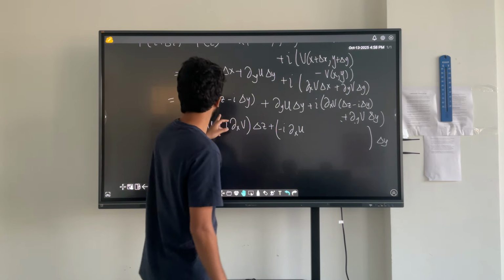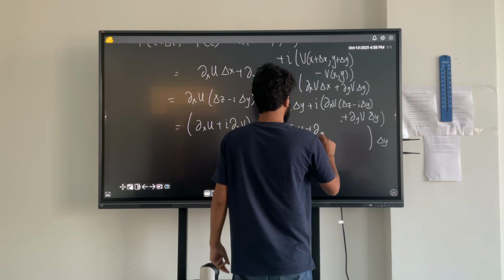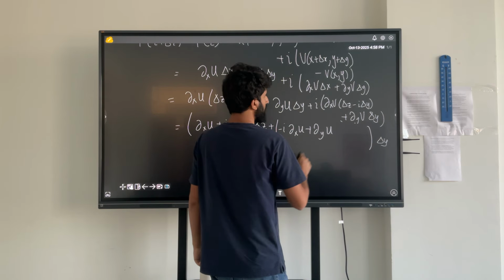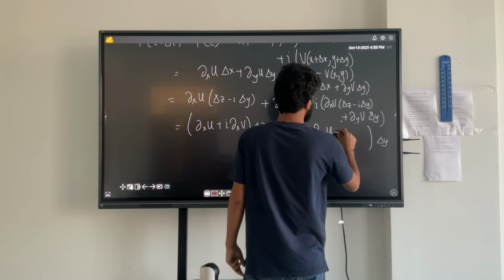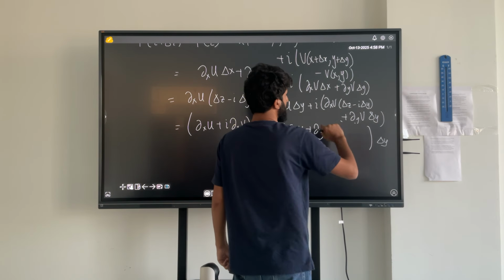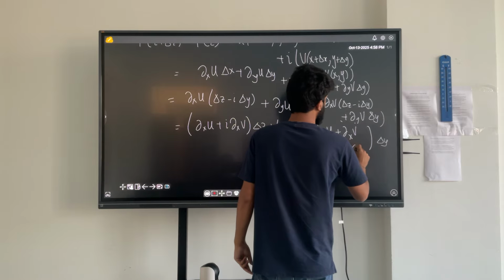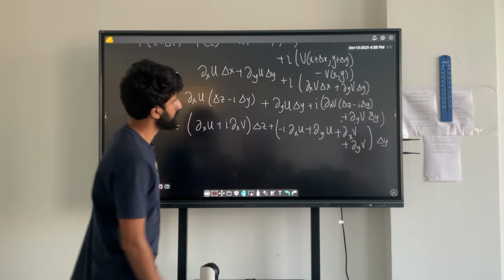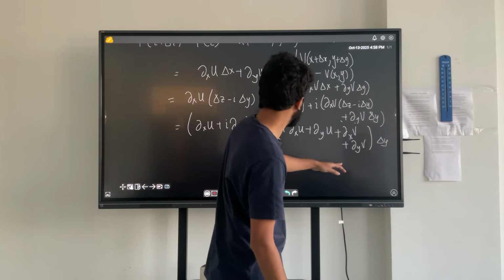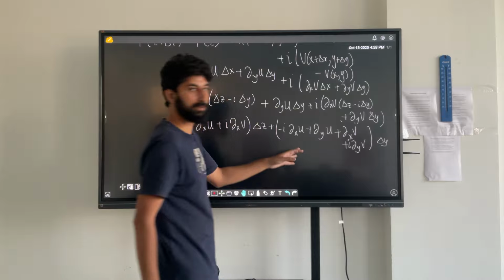What else? Plus partial y of u. And what else? Plus, with this, iota squared times partial x of v, plus partial y of v. Okay, good.